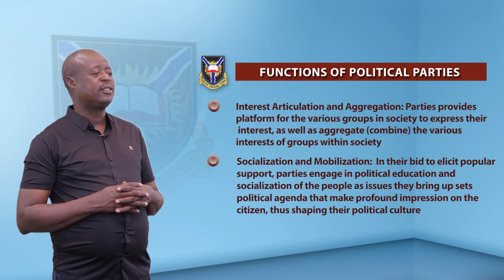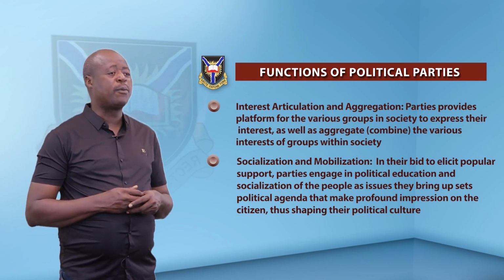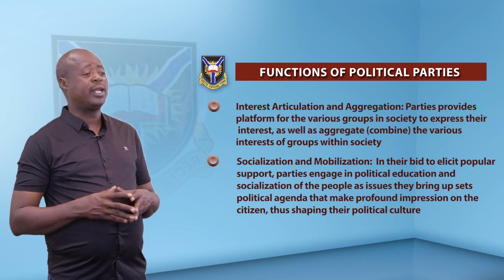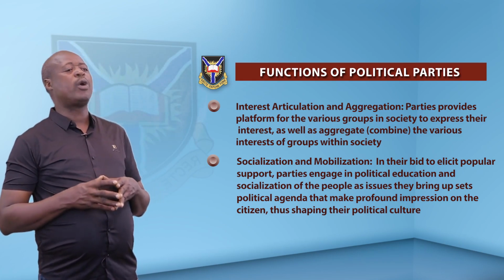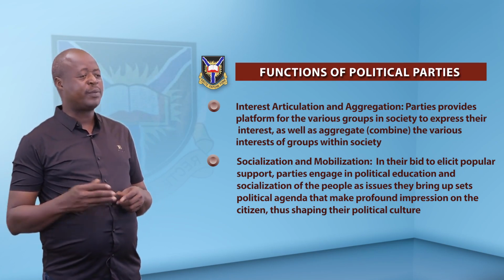And 5, socialization and mobilization. In their bid to elicit popular support, political parties engage in political education and socialization of the people as issues they bring up set political agenda that make profound impression on the citizens, thus shaping their political culture.